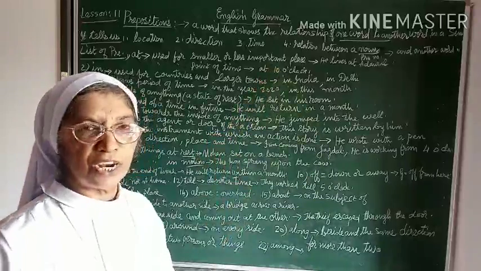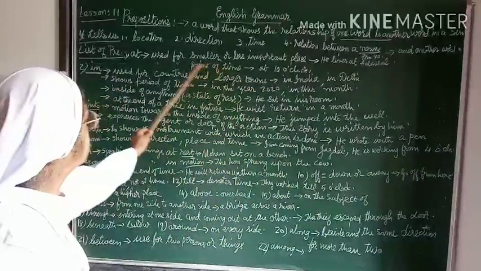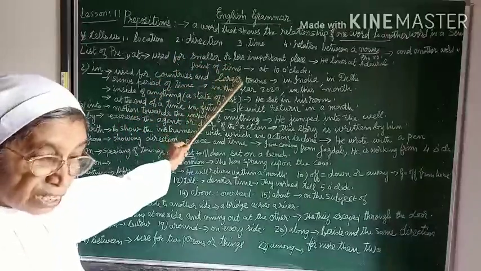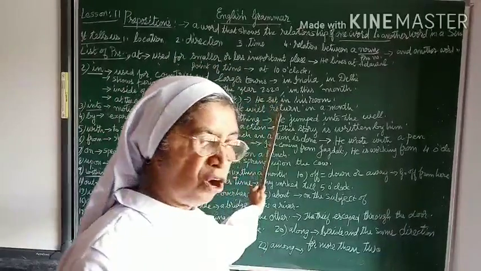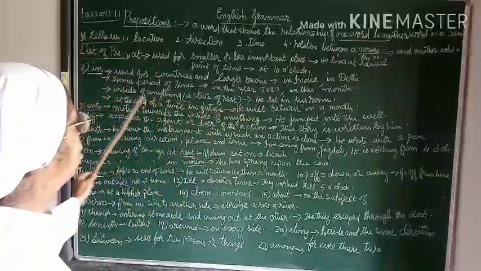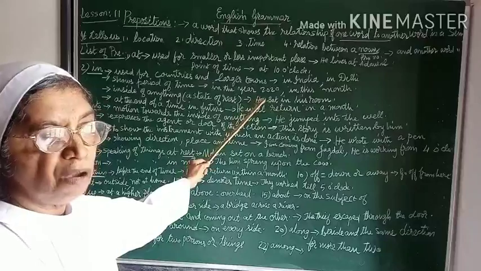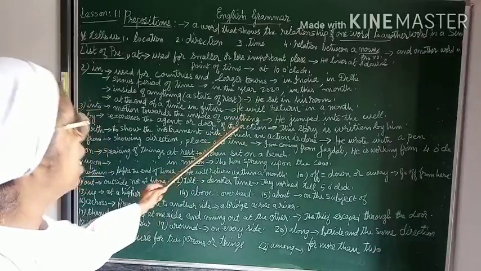Example, at 10 o'clock, at 5 o'clock. So at speaks about smaller places, and it also points to the time.